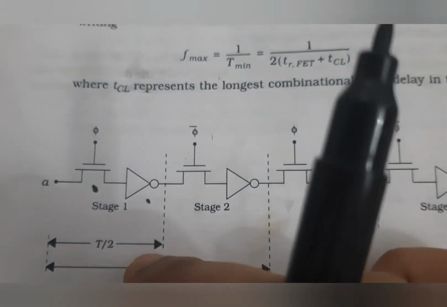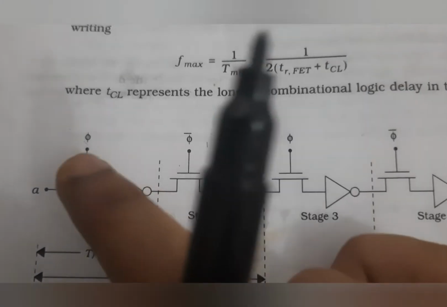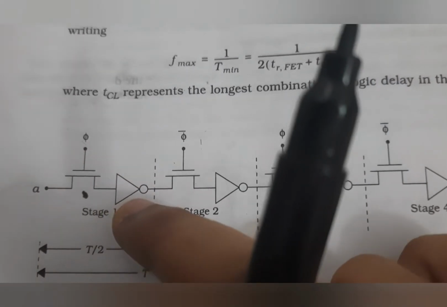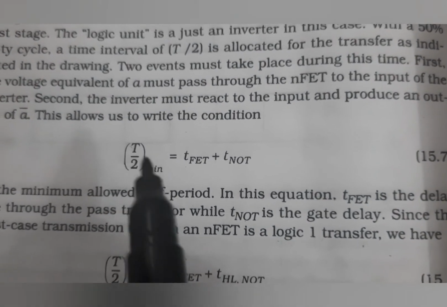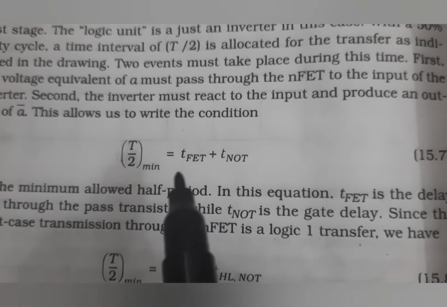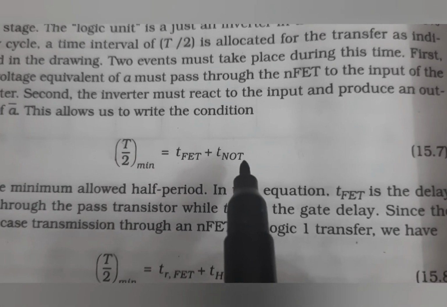So the delay depends on this FET delay and also this inverter gate delay. So the minimum requirement of this half of the cycle is equal to the delay of this FET and also that NOT gate.